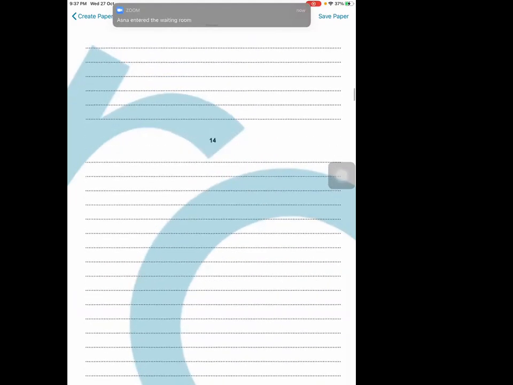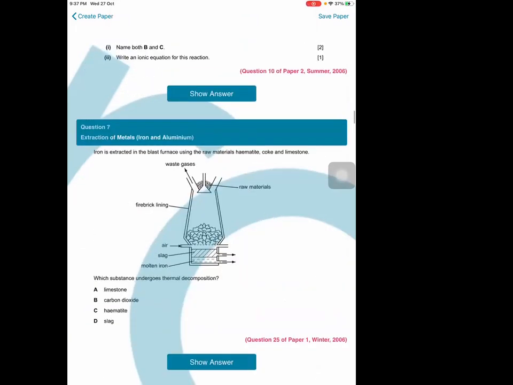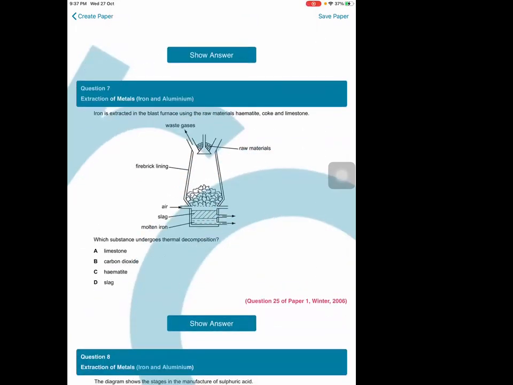Let's move towards this. Iron is extracted in the blast furnace using the raw materials hematite, coke, and limestone. Which substance undergoes thermal decomposition? Fezar, which one undergoes thermal decomposition? Hamza, can you please tell me?